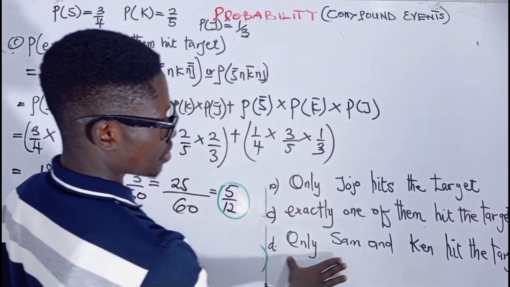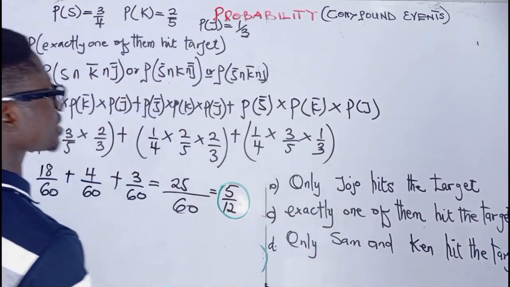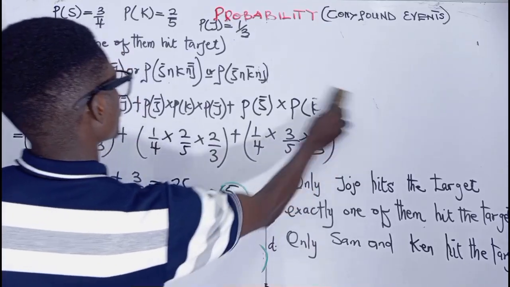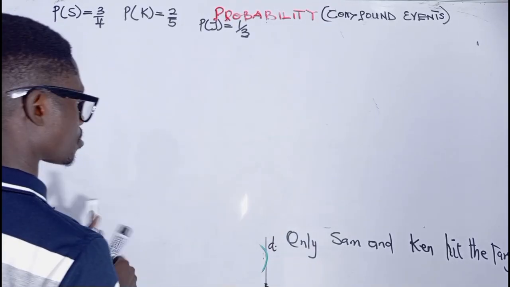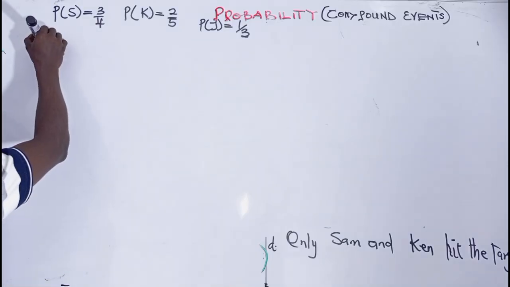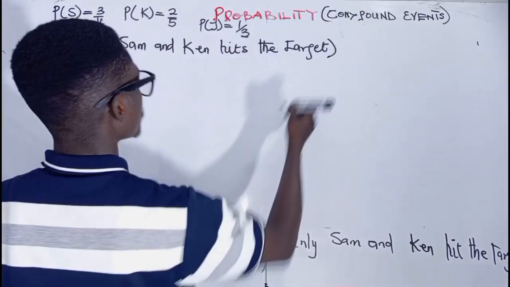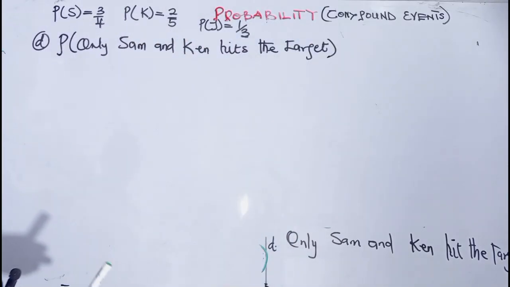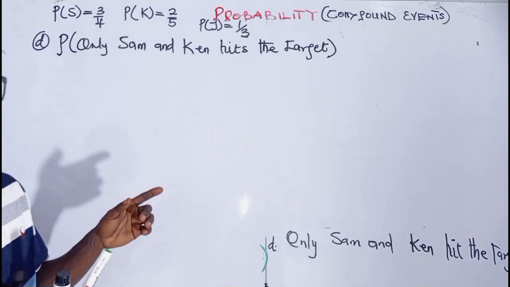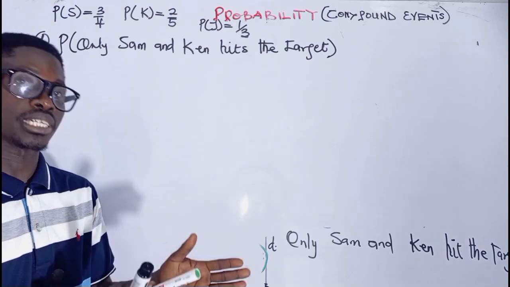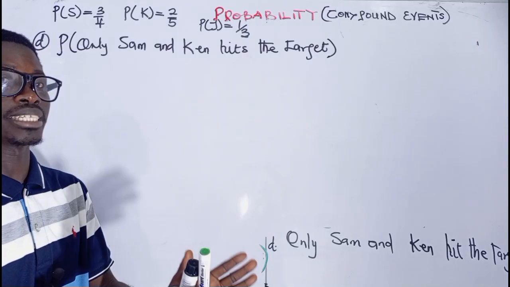Let's look at only Sam and Ken hitting the target. So with the probability that only Sam and Ken hit the target means that Sam will hit the target and Ken will also hit the target. And Jojo will miss the target.